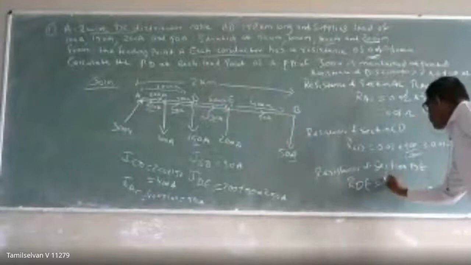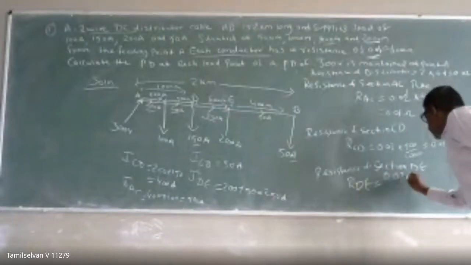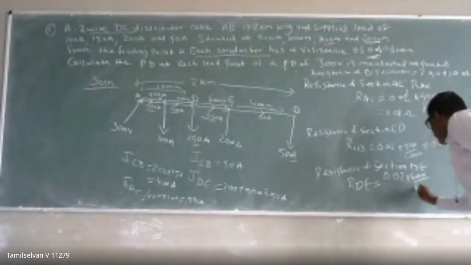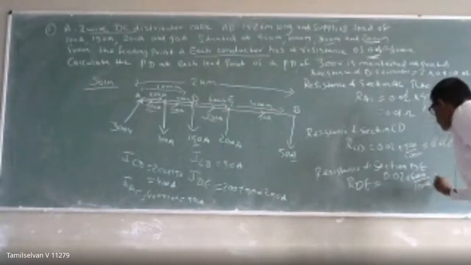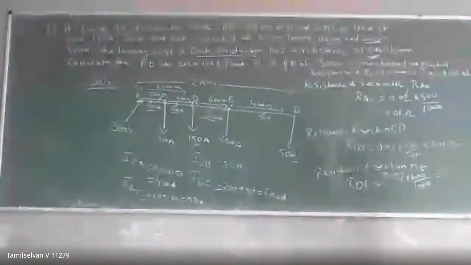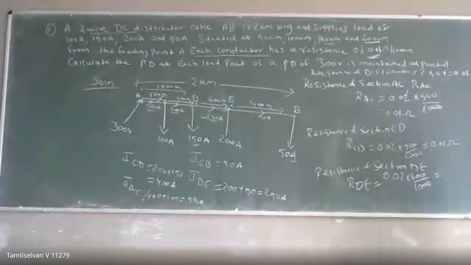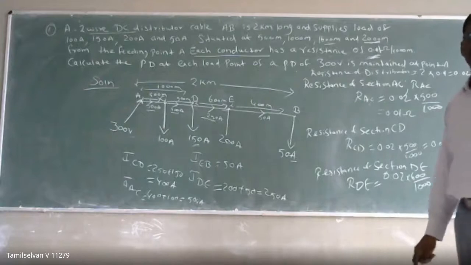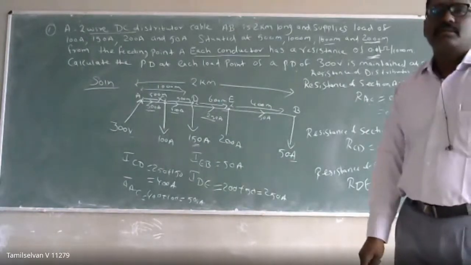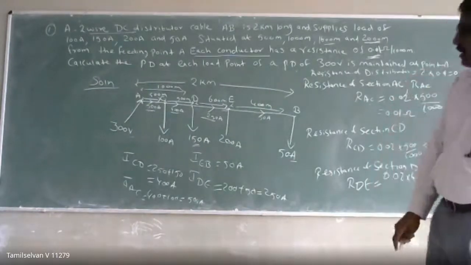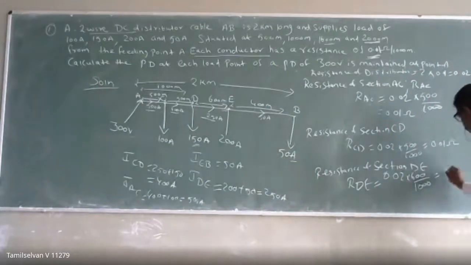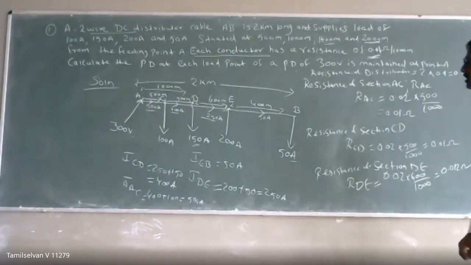So it means 0.02 into 600 by 1000. So 3 by 2 means how much are you getting? 0.012 ohm. So that will be the resistance of my section DE.